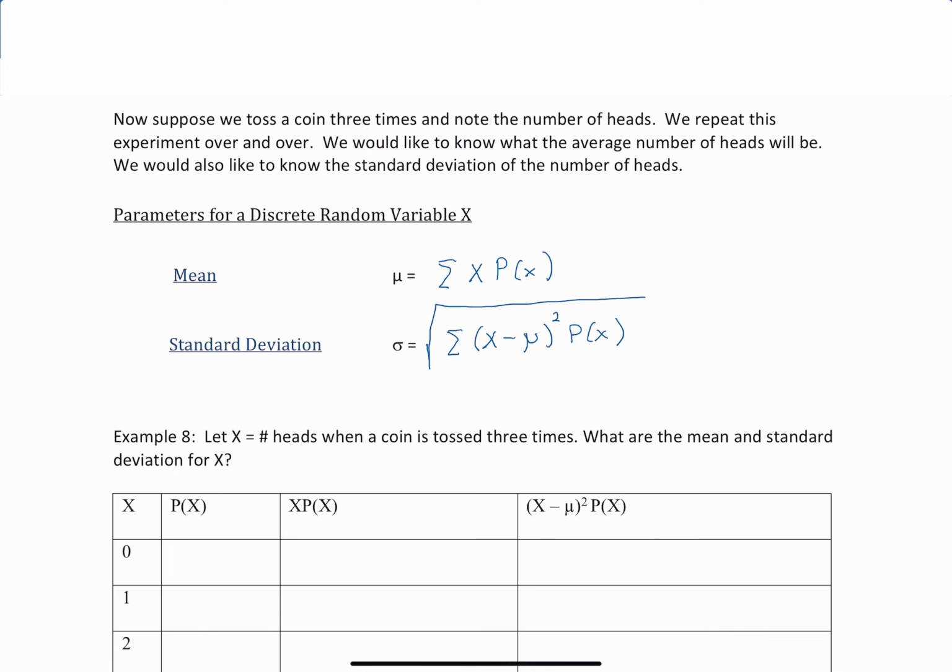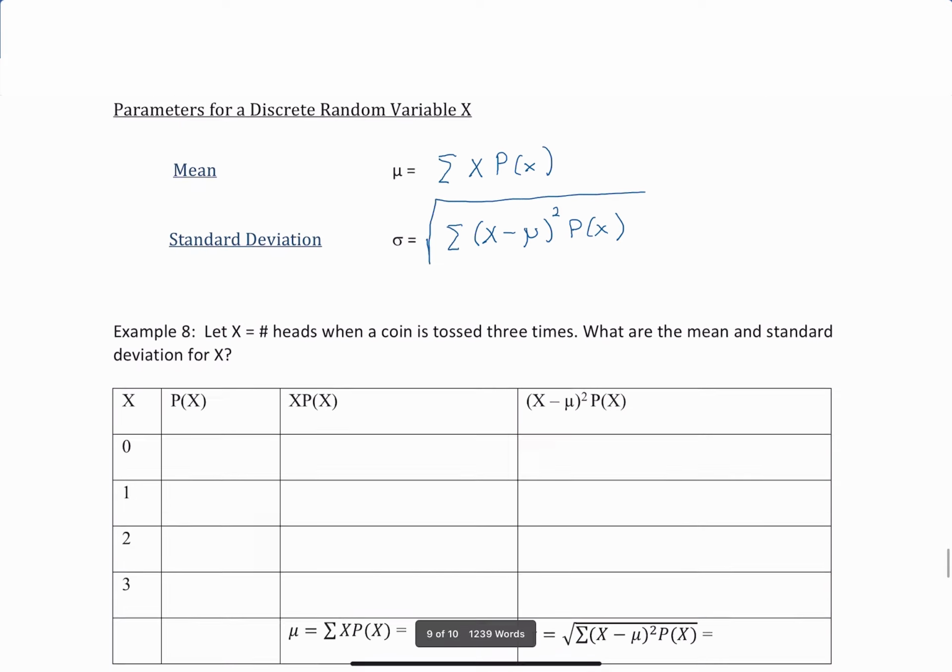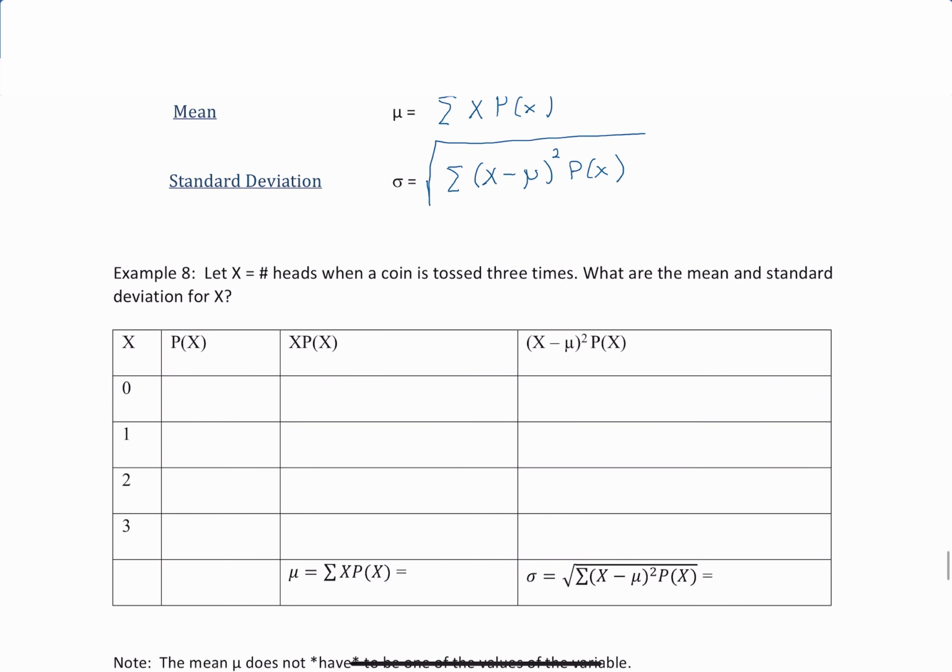By the way, you do not have to memorize these formulas. So let's see if we can apply that to tossing a coin 3 times and doing the triple coin toss over and over and over. Let's see what we should expect the average number of heads to be. We've already computed that the probabilities are 1/8, 3/8, 3/8, and 1/8.